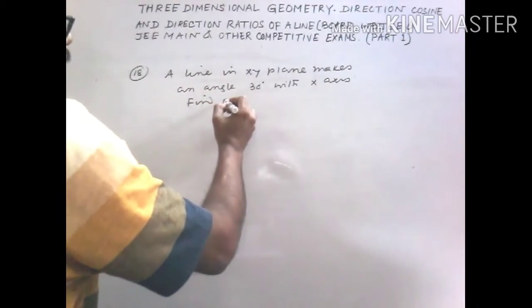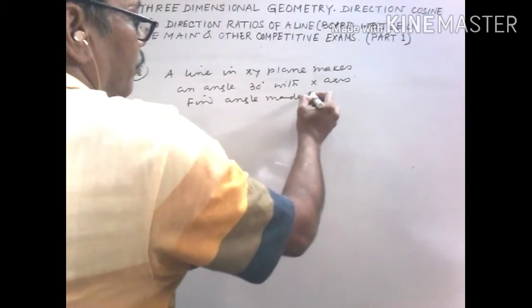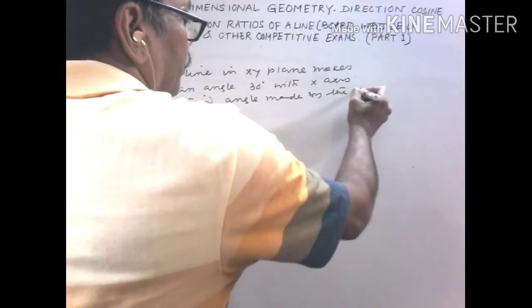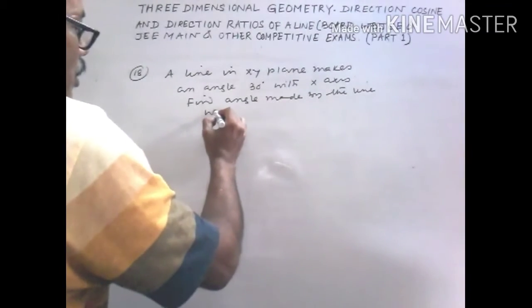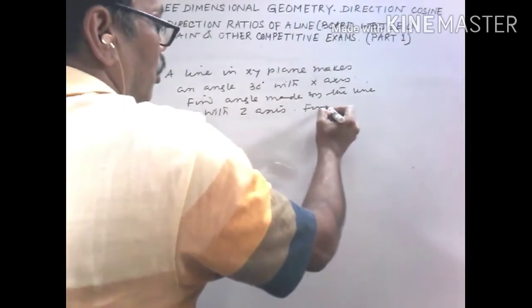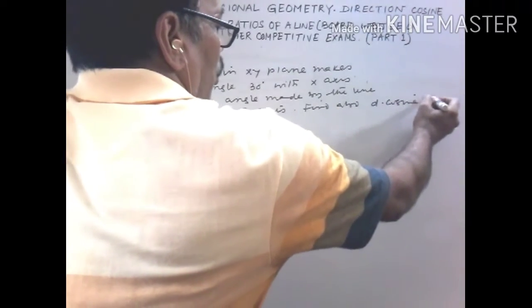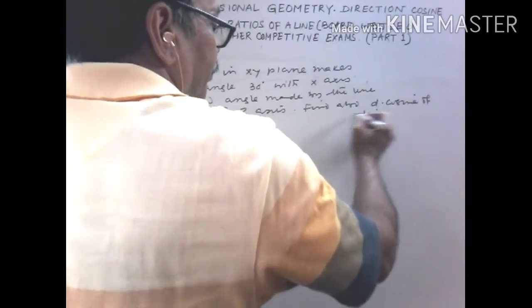Find the angle made by the line with the z-axis. Find also the direction cosines of the line.